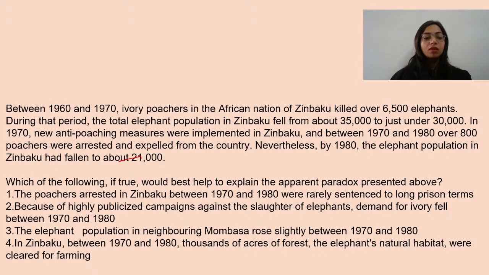Okay. So, which of the following, if true, would best help to explain the apparent paradox presented above? So the question is that given the statements 1, 2, 3, 4, which, if true, would explain the paradox presented above?